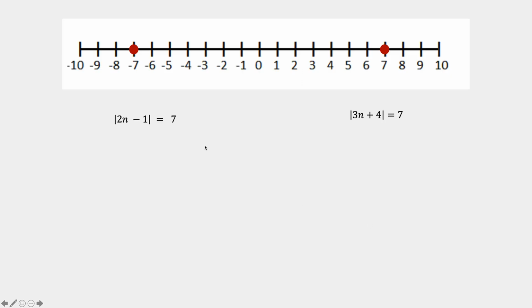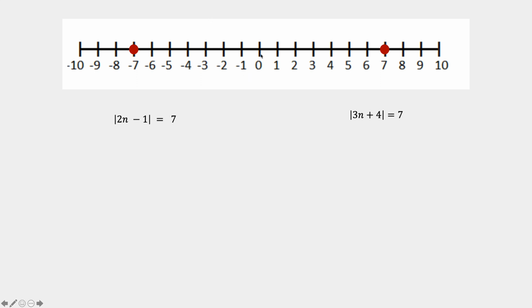So I set up 2 absolute value equations here. This notation, they look kind of like bars on either side of the 2n minus 1 or the 3n plus 4. That indicates absolute value. And I set up these 2 absolute value equations because I want you to see them compared to this graph right here.